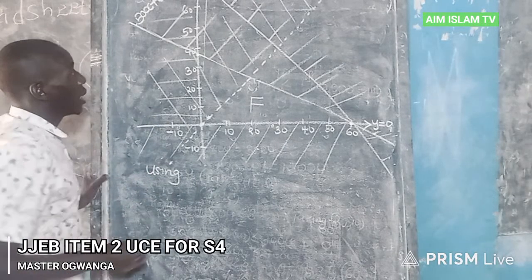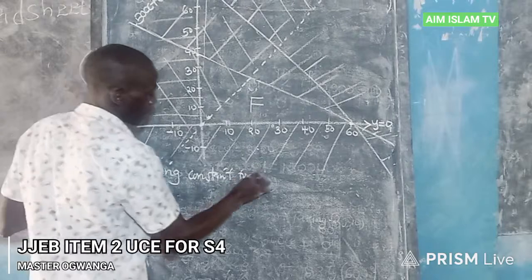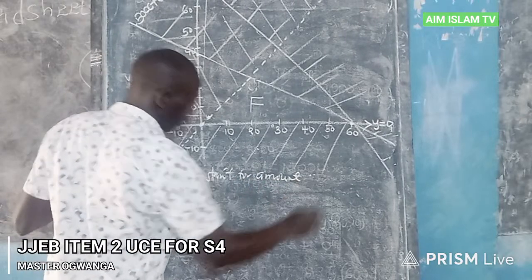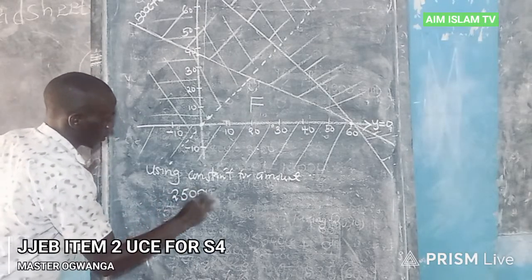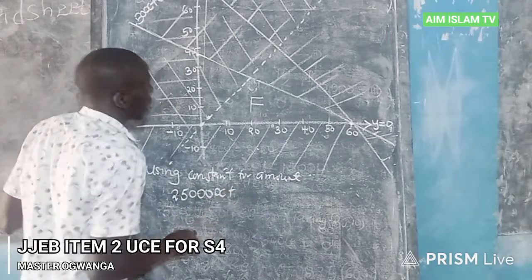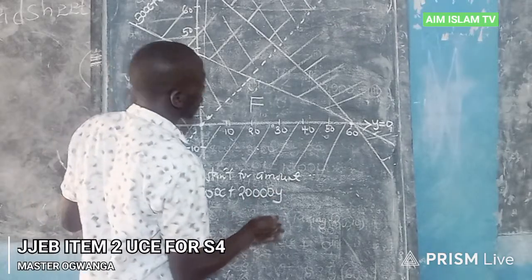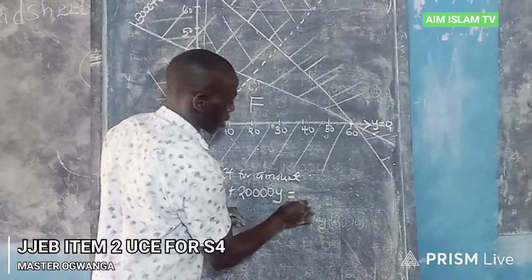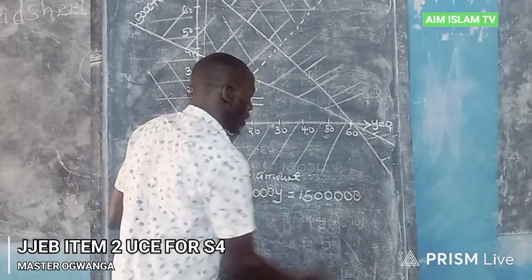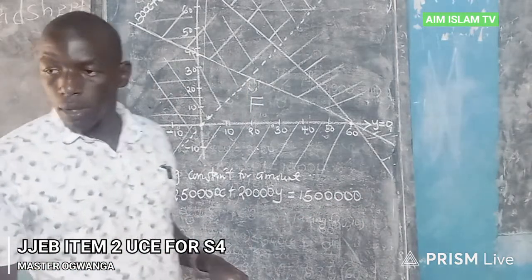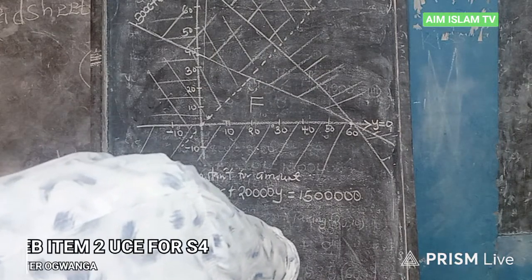I am going to use the constraint for amount: 25,000x plus 20,000y equals 1,500,000.